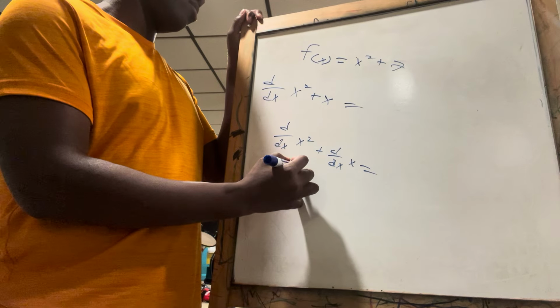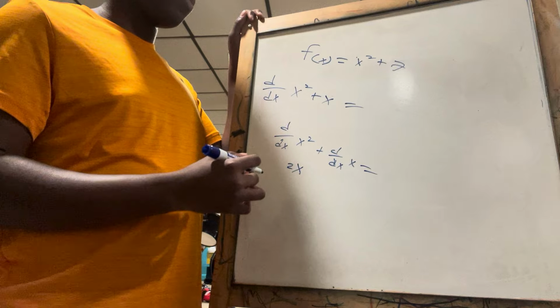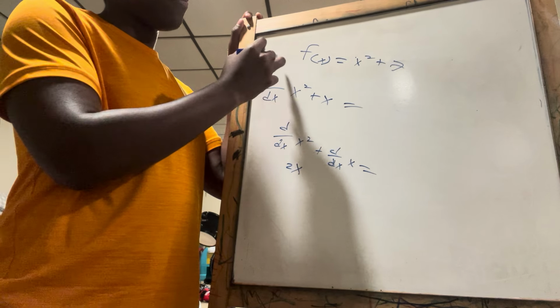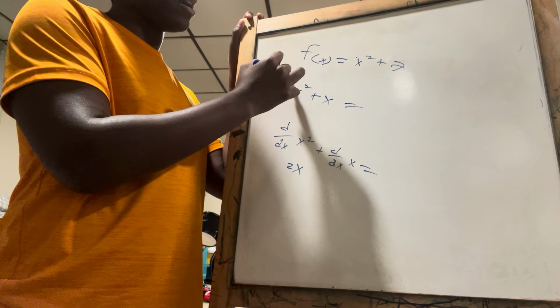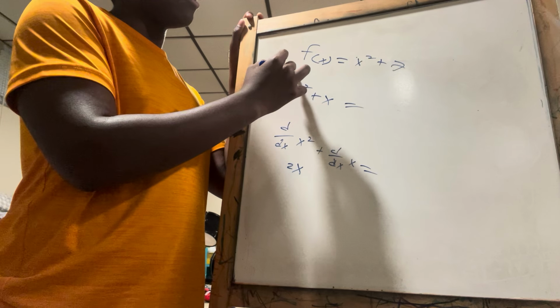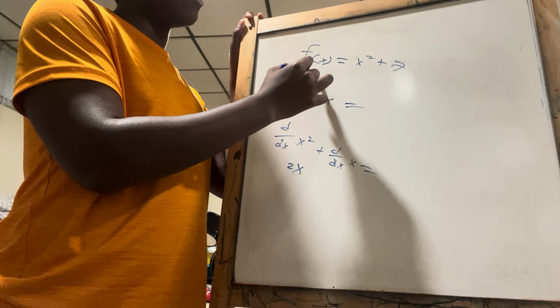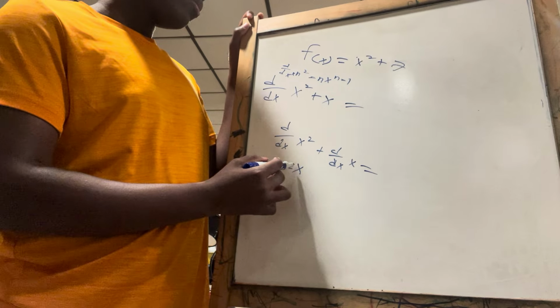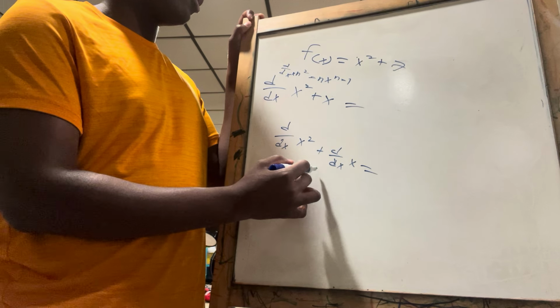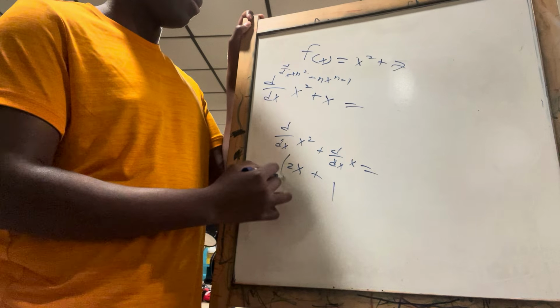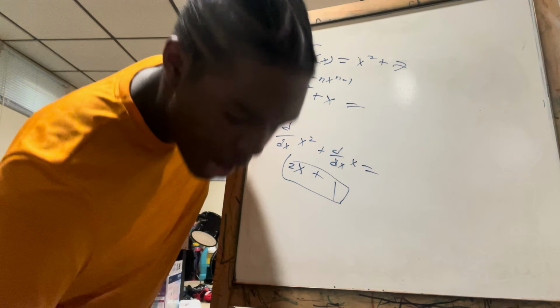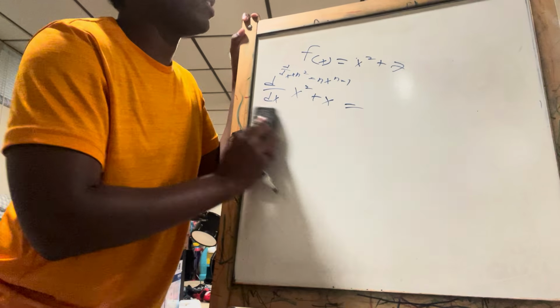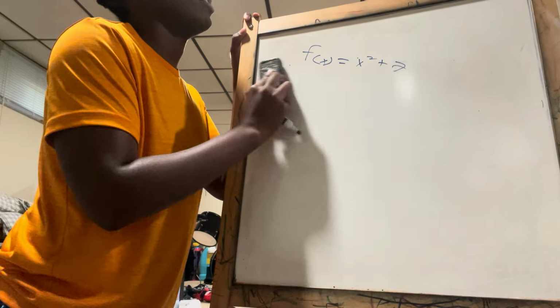This is just 2x, because d of dx of x to the n equals n x to the n minus 1. And this would be 2x, and here it would just be 1. So this would be the derivative. Now, that's addition. Subtraction is the exact same thing here.